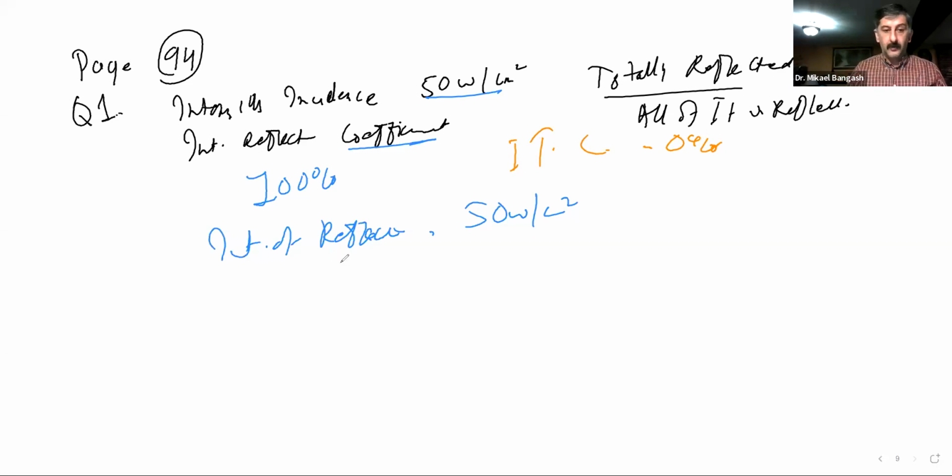Or if they ask you what is the intensity of your transmission, then that is going to be 0 watts per centimeter square. Clear? So just answer what they are asking in the second question.